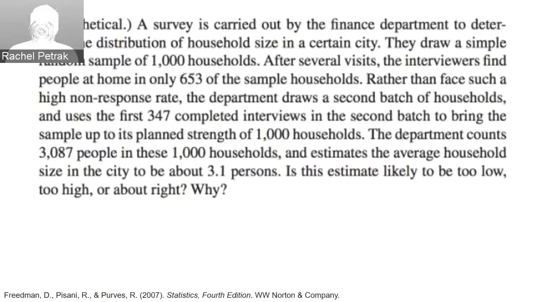So the survey procedure is, on average, replacing smaller households by larger households, because the survey procedure includes the interviewers going to homes and trying to find people when they're at home. So this estimate is likely to be too high.